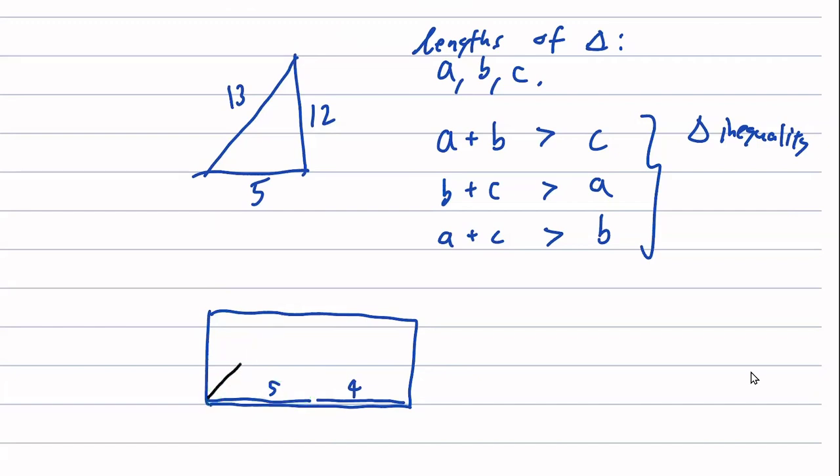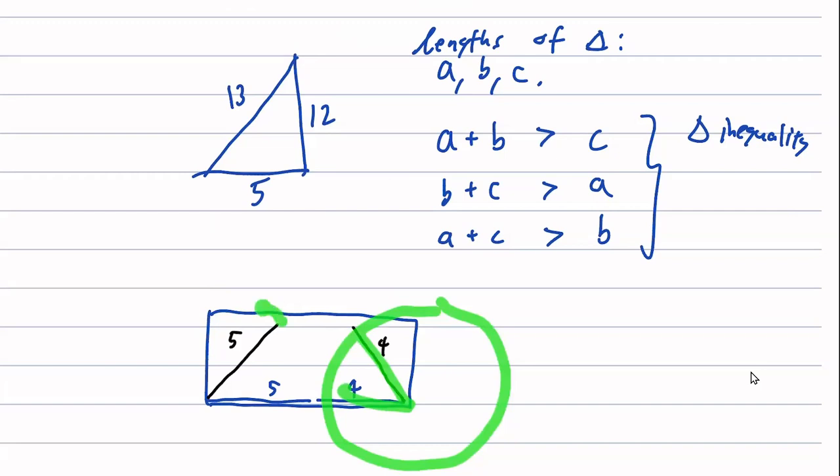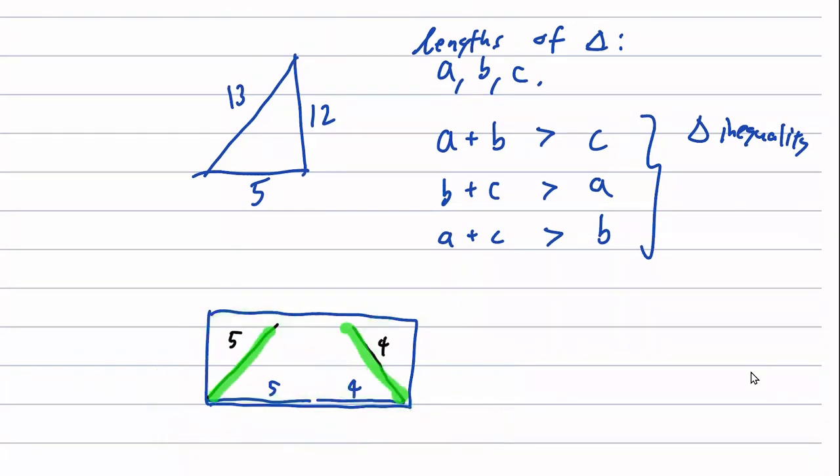And the length 4, you tilt it upward like a windshield wiper. You can imagine a circle of radius 4, another circle of radius 5. Can you form a triangle? No, it's too short. You still need an extra bit here and an extra bit there. So that's why you see over here, this guy is 5 plus 4.